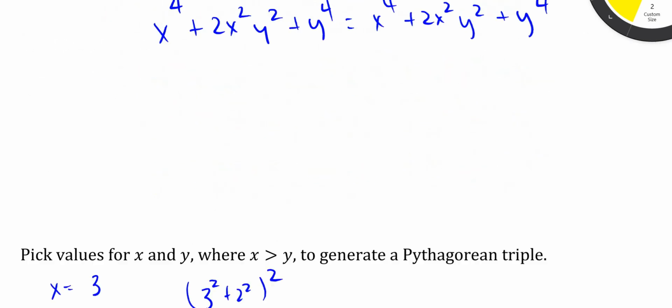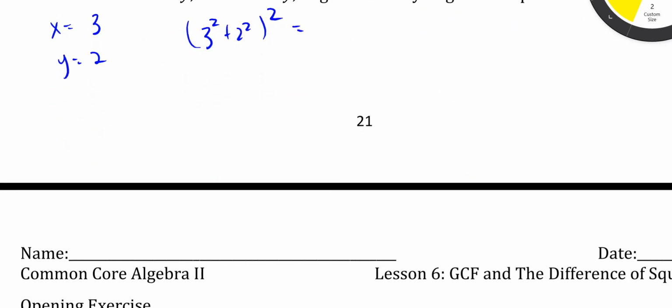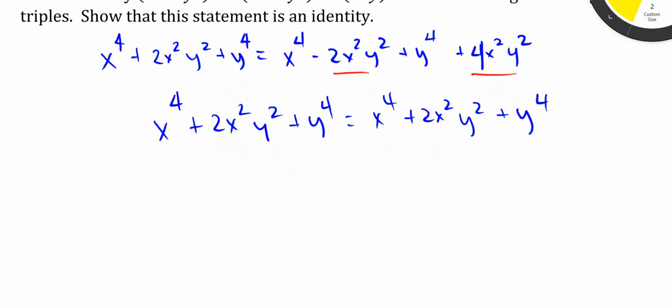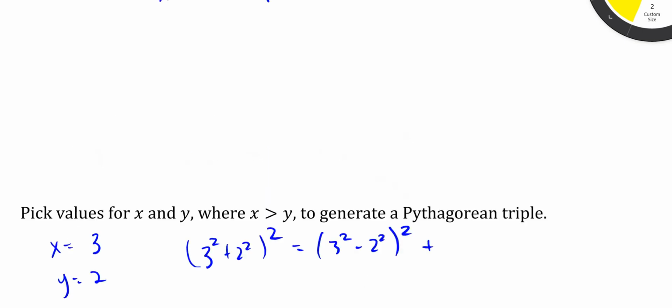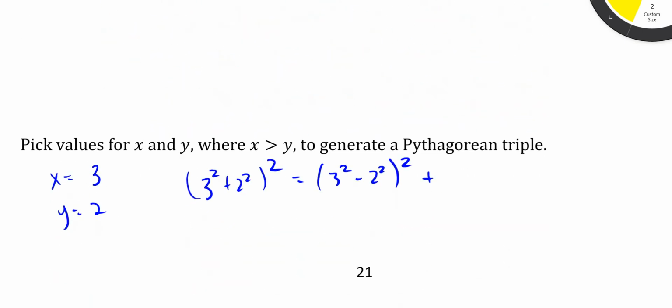We have equals 3 squared minus 2 squared, that's why you had to make the x value bigger, squared, plus 2 times 3 times 2, squared. Now if you do some quick multiplication and do all these out, you're going to wind up getting 3 values here that are squared.